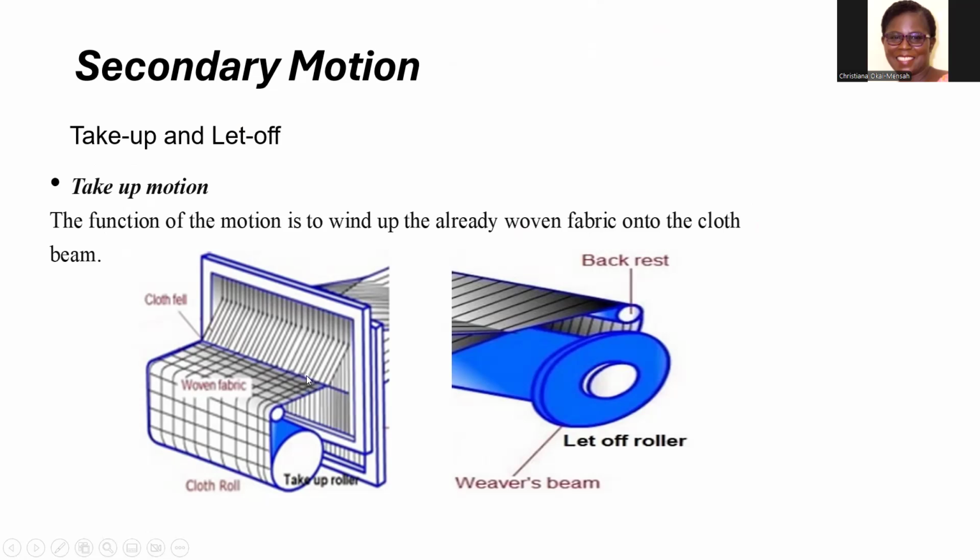As soon as you start winding this onto the cloth beam, the fresh warp yarns will come here. So this one is the let off.